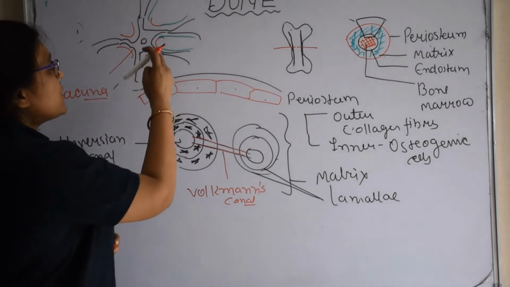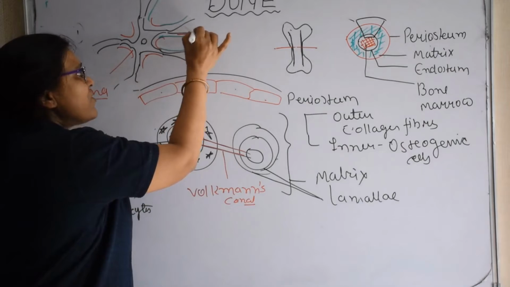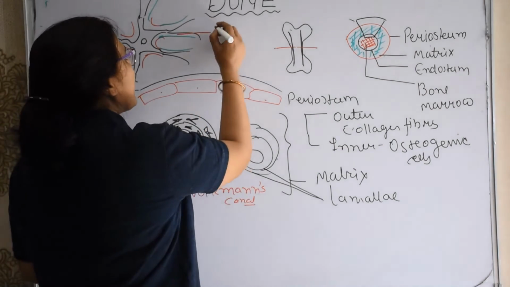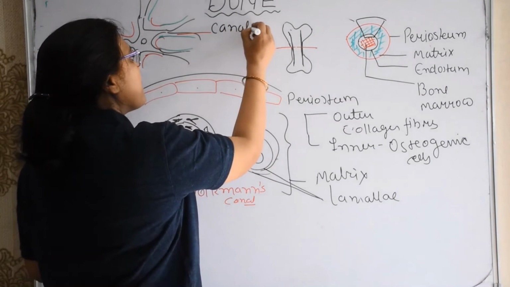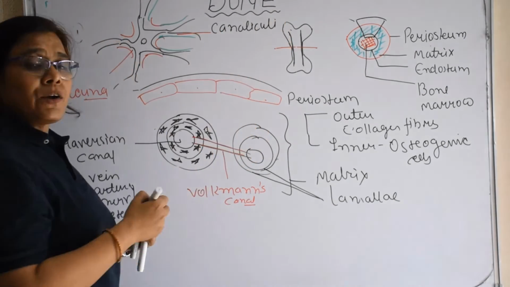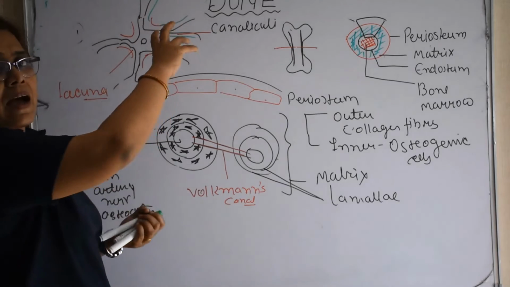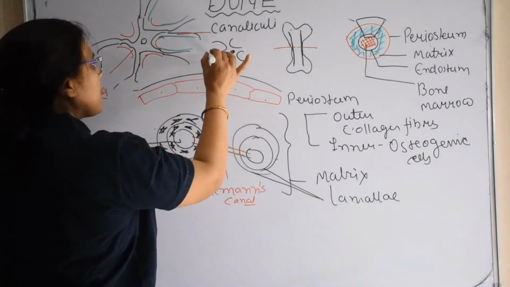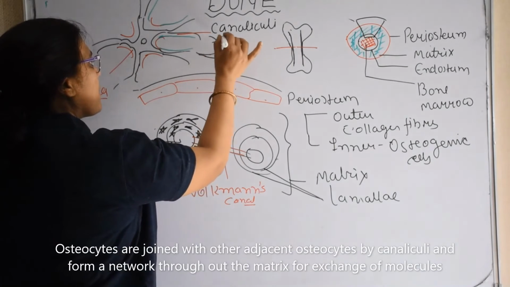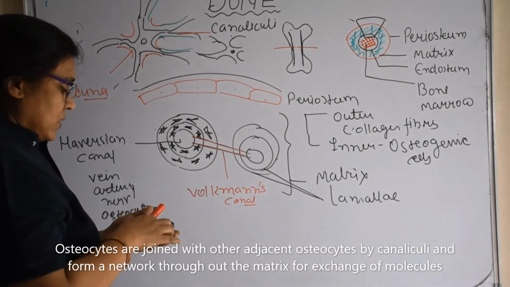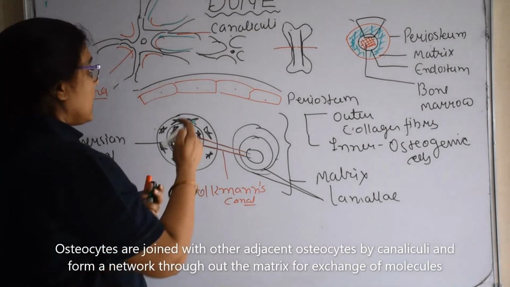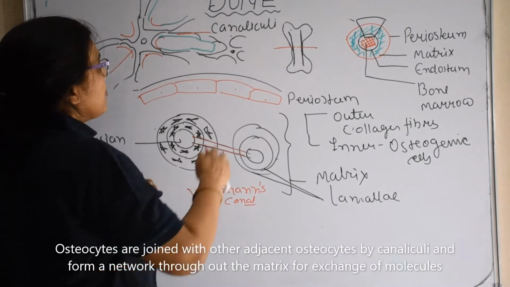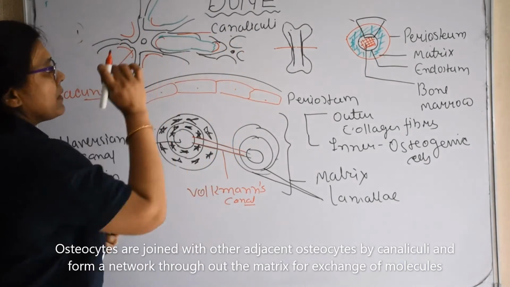The lacuna is connected to fine channels that are called canaliculi. So this is canaliculi, and through canaliculi, osteocytes are connected with the other osteocytes adjacent to it. So this is osteocyte, this is canaliculi, and here the lacuna is present.